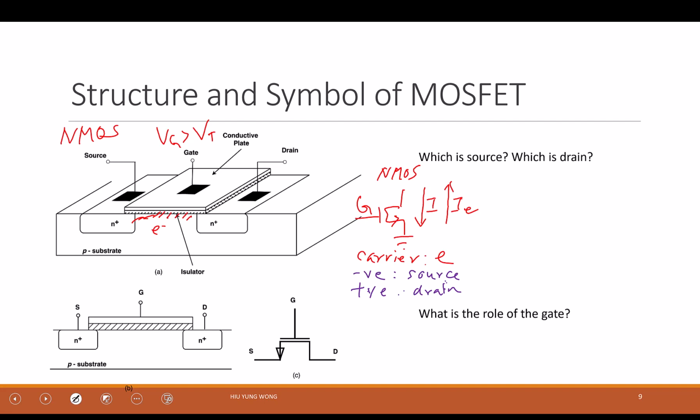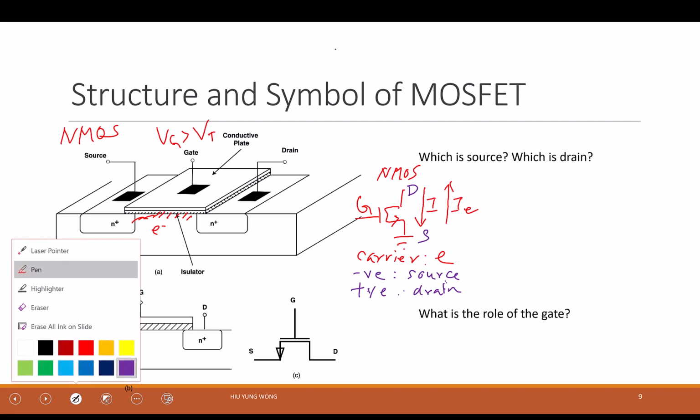So remember, we don't define the source and drain based on how you draw it. We define based on the potential of the terminal. This terminal has a lower potential, so this is the source and this is the drain, because the electron comes from the negative terminal.